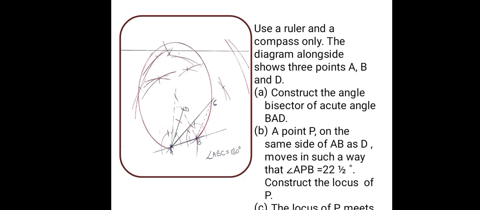A point P on the same side of AB as D moves in such a way that angle APB is equal to 22.5 degrees. Construct the locus of P. The locus P meets the angle bisector of angle BAD at C. Measure angle ABC.